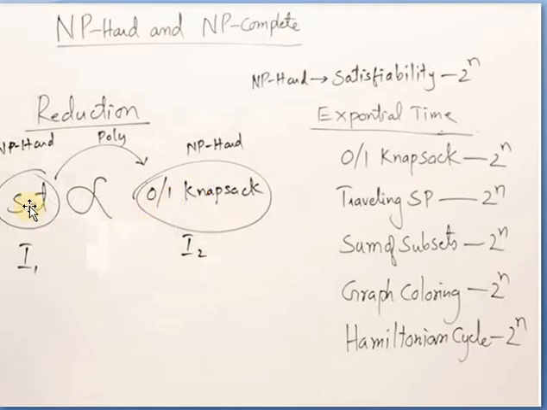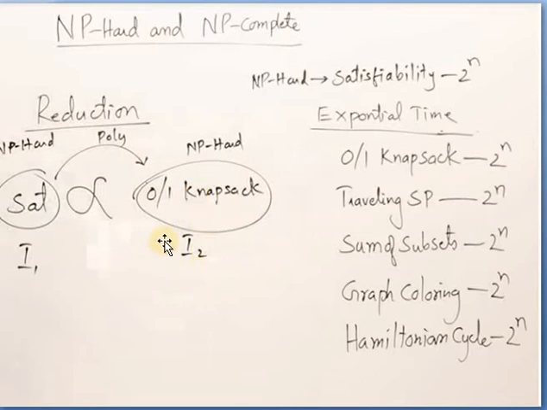If the satisfiability problem can be solved in polynomial time, then the same algorithm can be used to solve the 0, 1 knapsack problem. For this conversion, it will also take polynomial time for converting one problem into another problem.